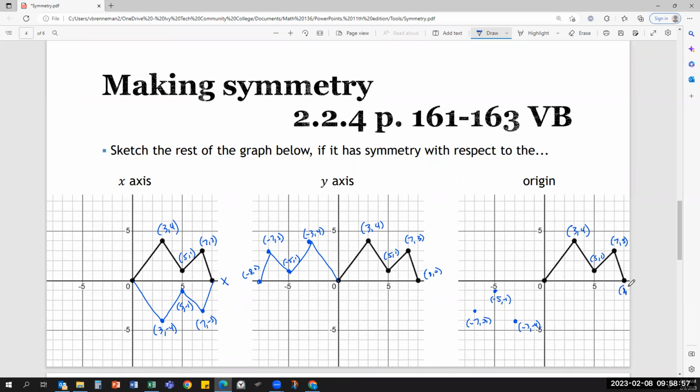And 8, 0, -8, -0, which is still just 0. So the only one not changed by any of them, of course, is the origin itself, which is just still the origin. Right, so that's what those would look like.